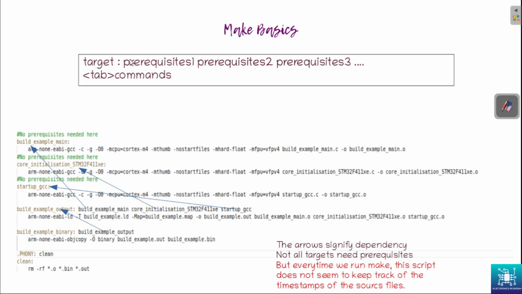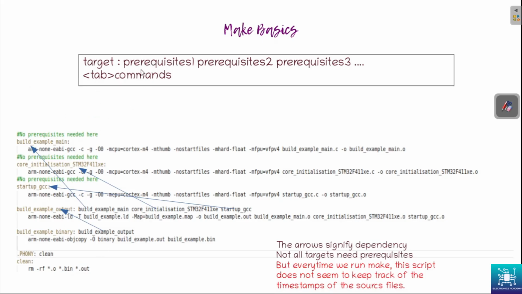That's it. So there are some prerequisites and there is a target. Now you have a series of statements like this, with prerequisites and targets, and so on and so forth. Each of these prerequisites again could be a target for some other line.